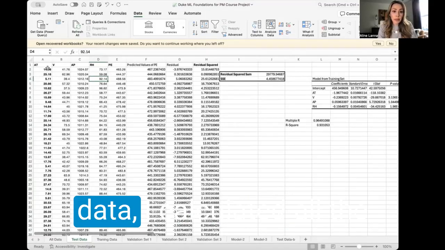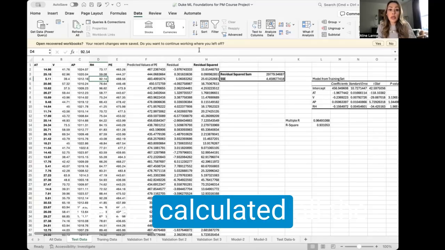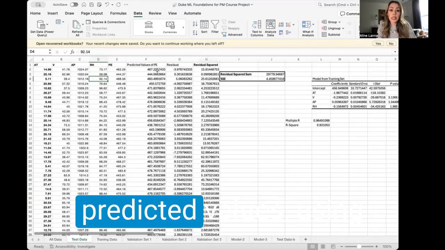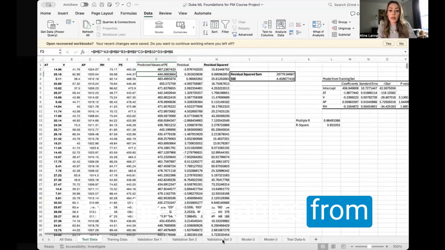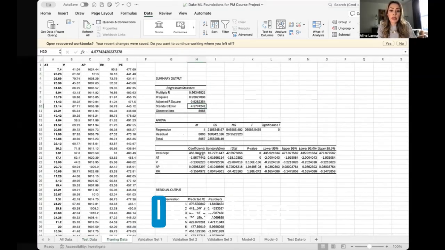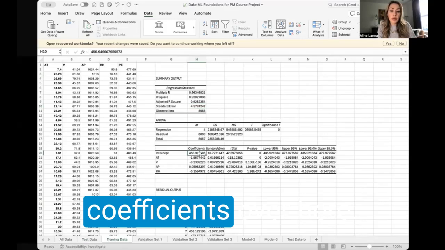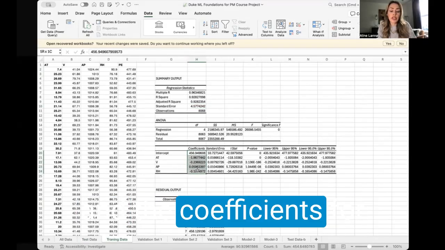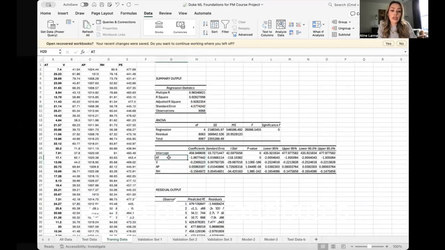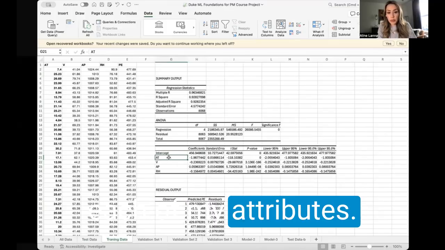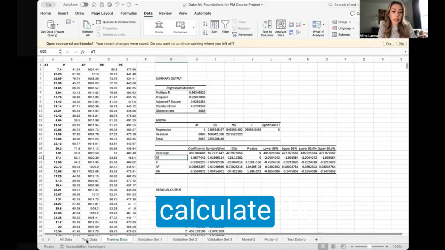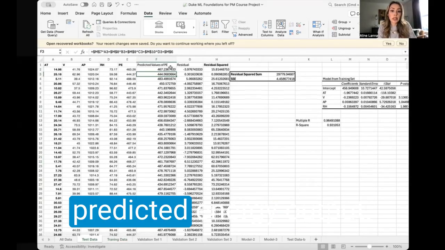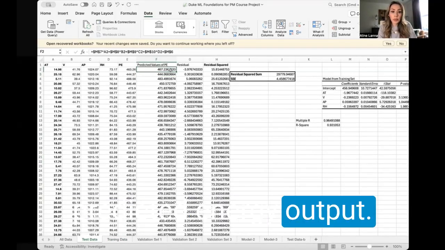with my test data, I calculated all the predicted values using the variables from validation set 3. I use those coefficients over here. I have the intercept and the coefficients for each of my attributes. I use this in my equation to calculate the predicted energy output.